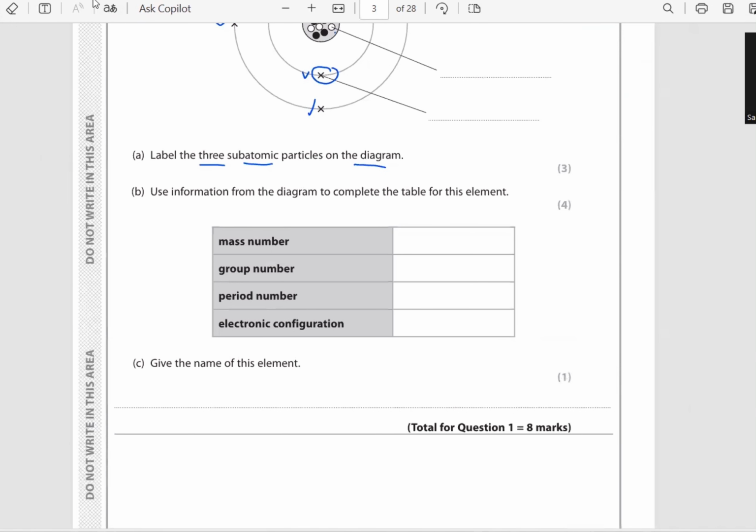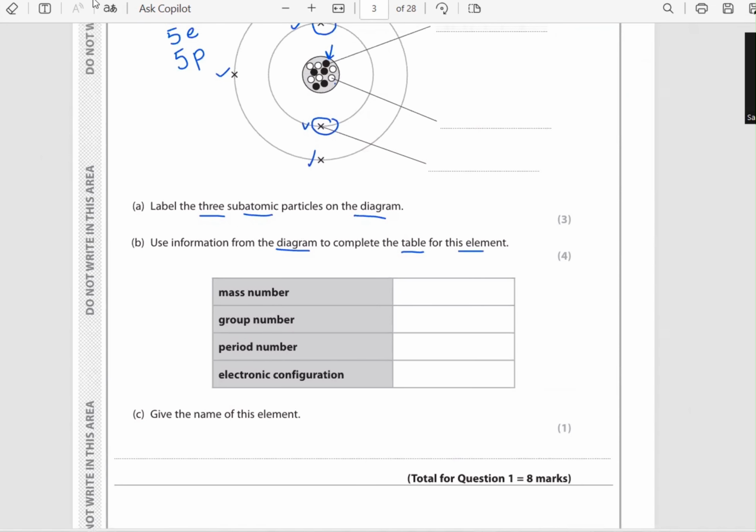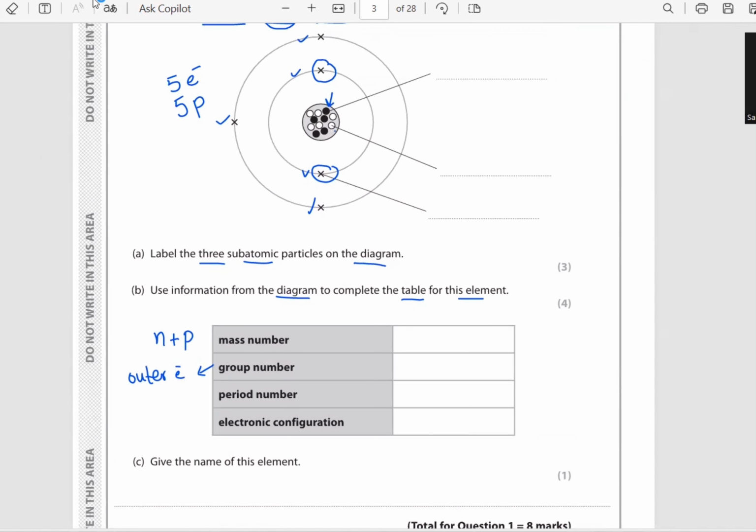Next question is asking, use the information from the diagram to complete the table for this element. For mass number, you must know that it is neutrons plus protons. Group number, we understand from the number of outer electrons. Count the outer electrons. It has 1 and 2.